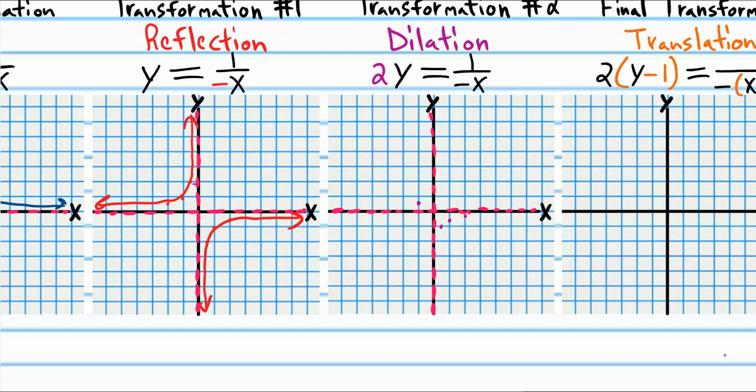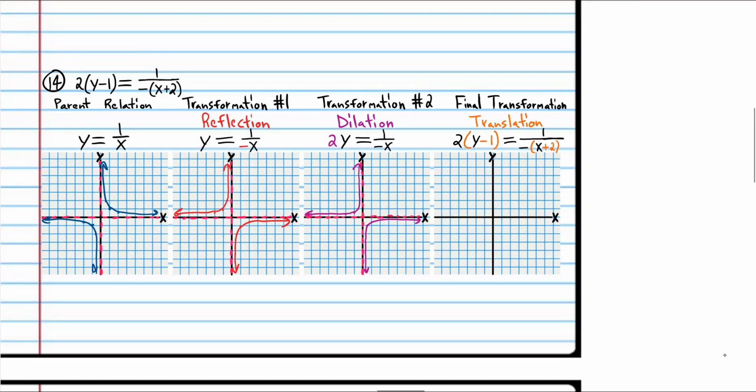This point is negative 1/2, 2, so it's going to become negative 1/2, 1. And this point is negative 2, 1/2, so it's going to become negative 2, 1/4. So we connect the dots, and we get the following graph.